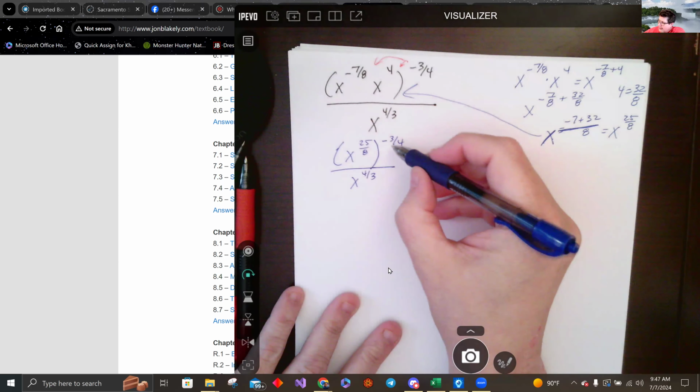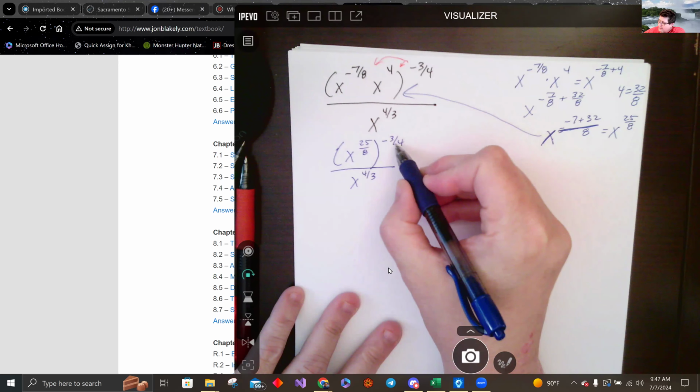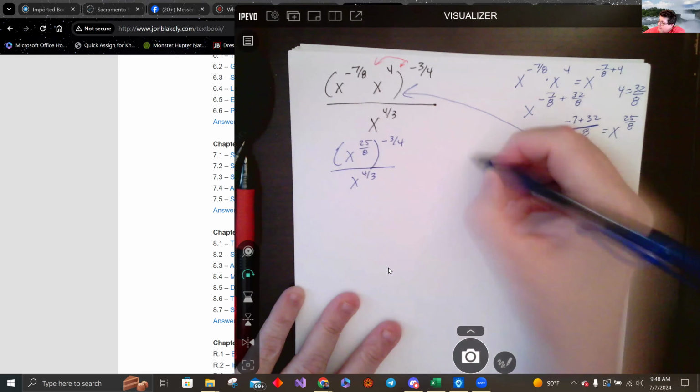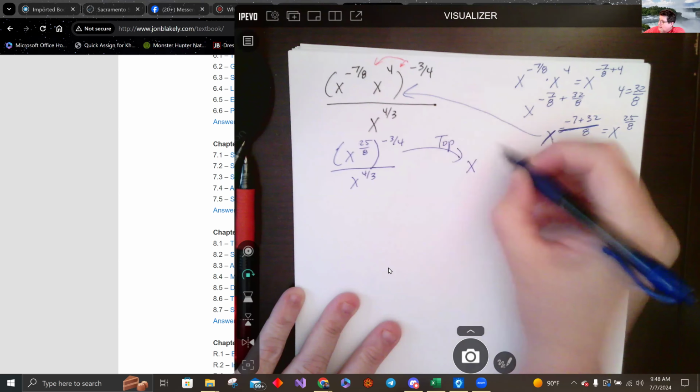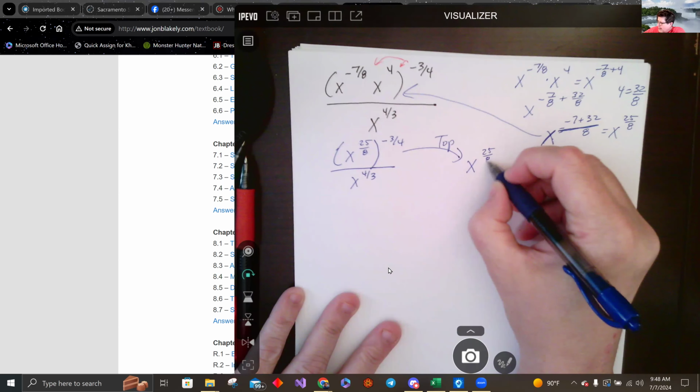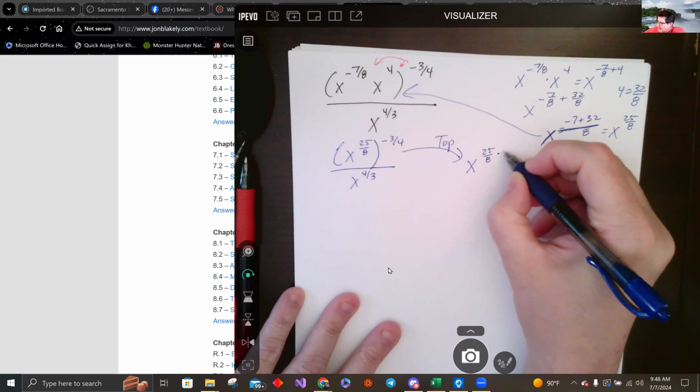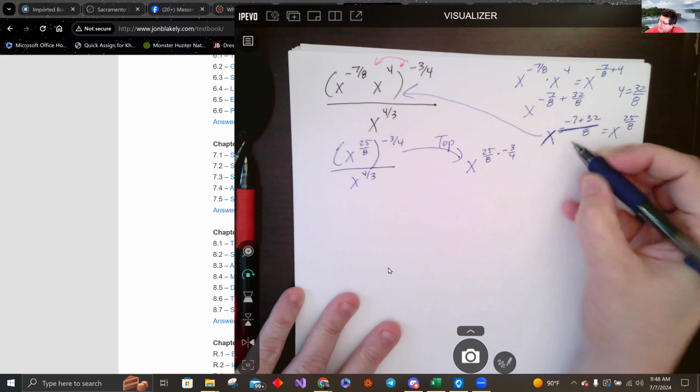Then it might be easier just to do the multiplication here now. So this top part, when we have something on the outside and something on the inside, we multiply the two exponents.